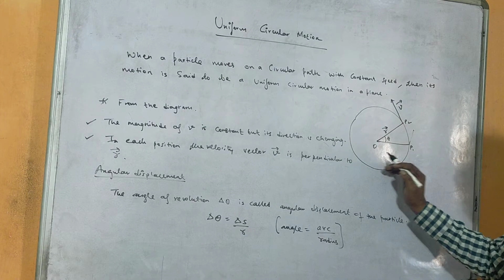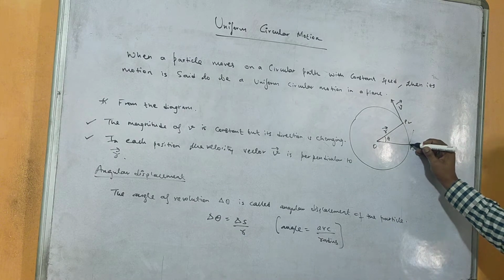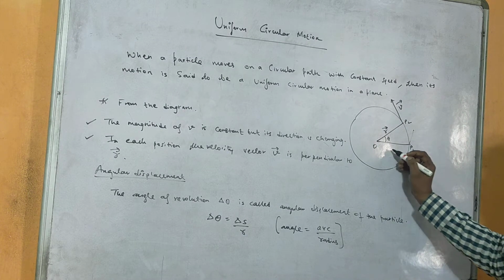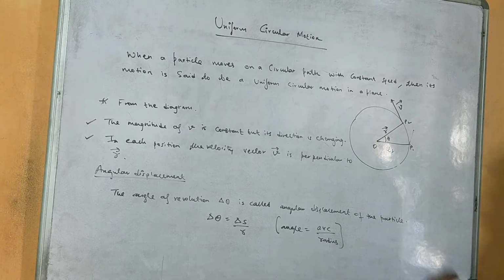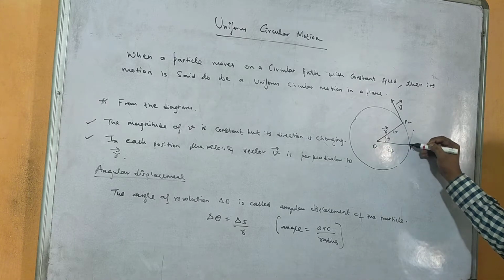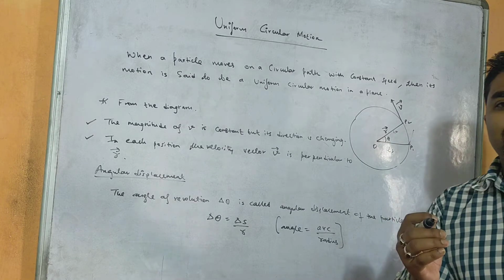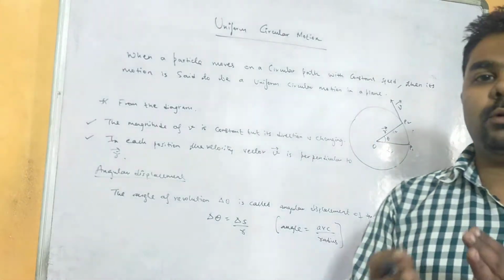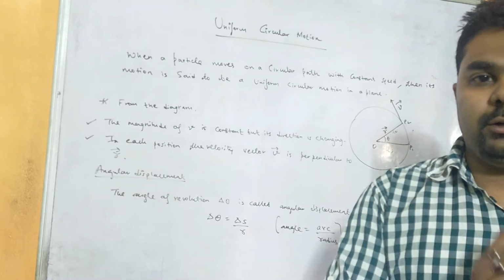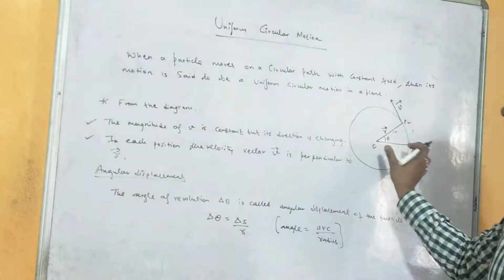Now from the diagram it is clear that when an object is at P1, let us consider the time was T1. After time T2 it has moved to P2. So there is a displacement of the position of the particle with respect to its center, with respect to its radius.